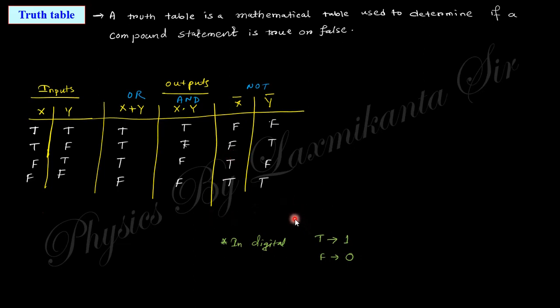You can remember that true can be taken as 1, false can be taken as 0. That is the positive binary system or positive Boolean algebra. If you take true as 0 and false as 1, this is the negative binary system. Okay. So these are the truth tables from which we can get information about the output of the circuit.